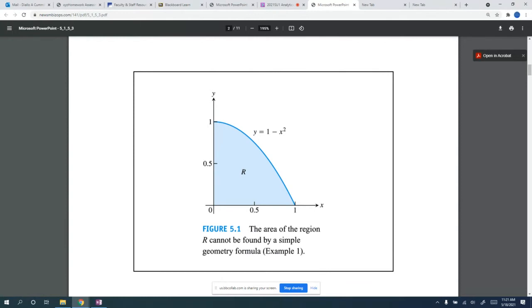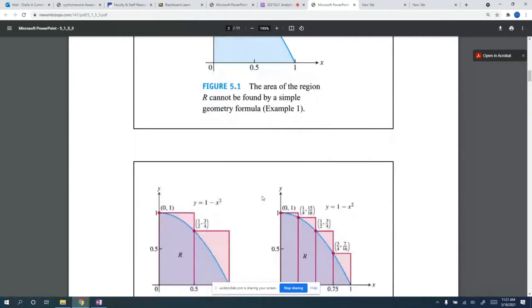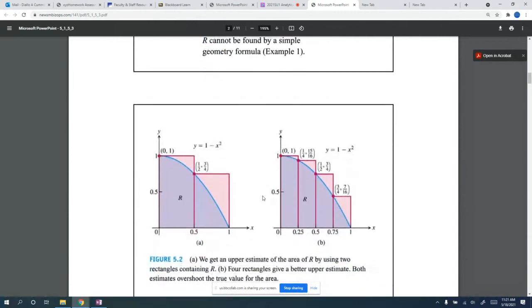What we're basically going to do is estimate the area by use of rectangles. Now, this is where the book we were using last semester and the terminology in the book we're using with XYZ are sort of conflicting.